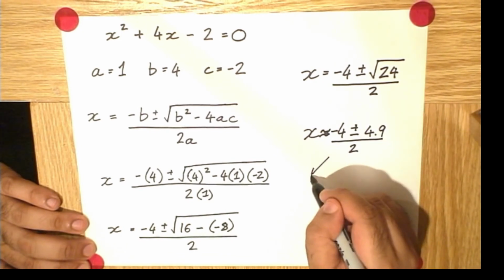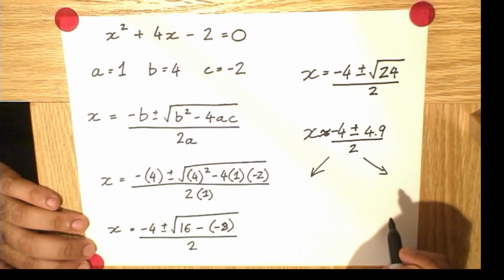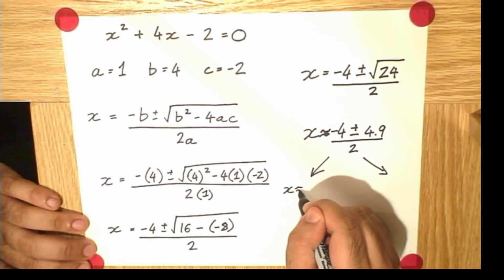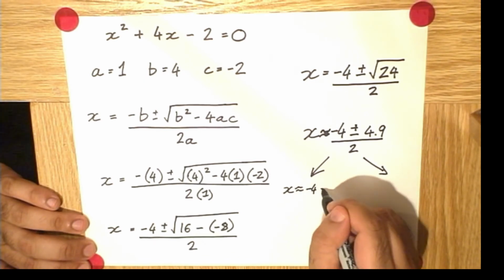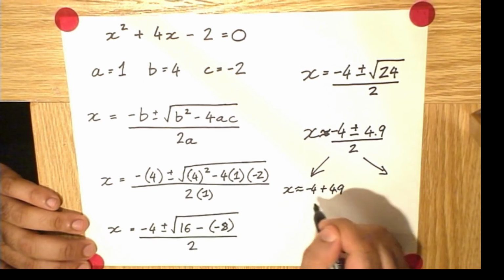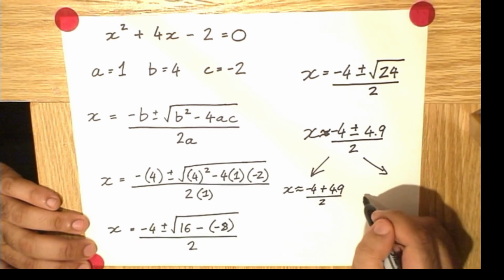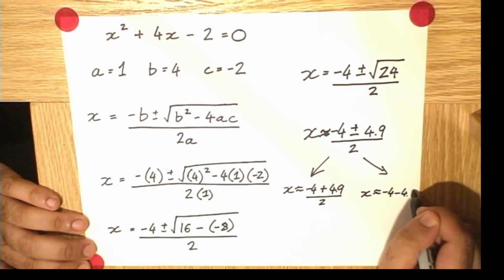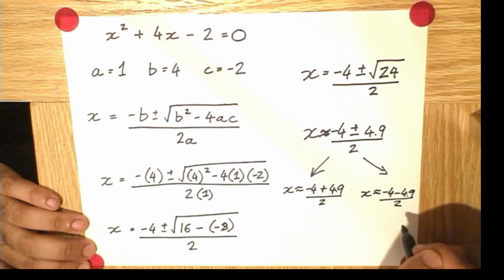Now, let us split this into the two possibilities. The positive side, x is roughly equal to -4 plus 4.9 divided by 2. And the negative side, x is roughly equal to -4 minus 4.9, all divided by 2.